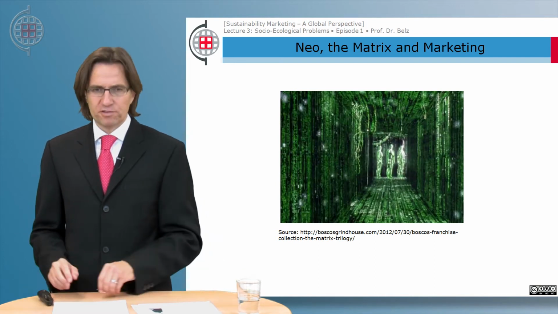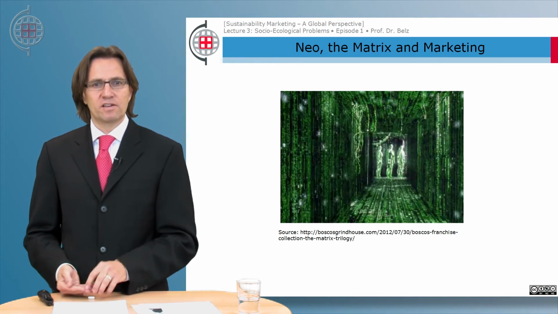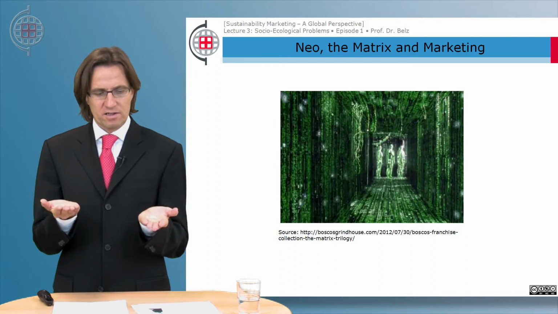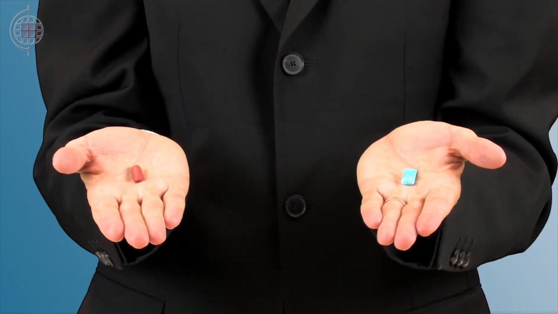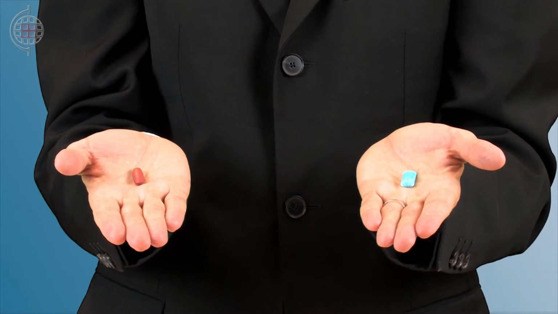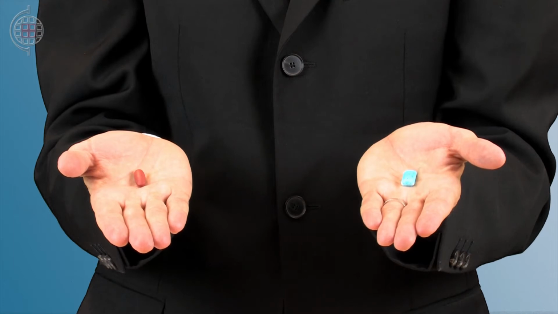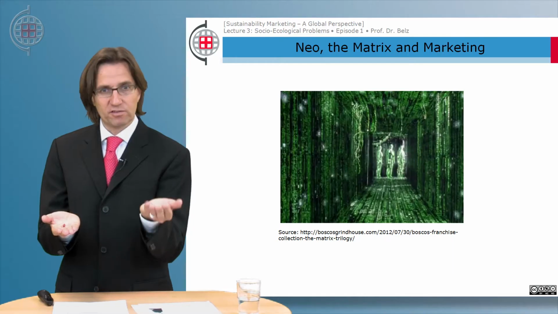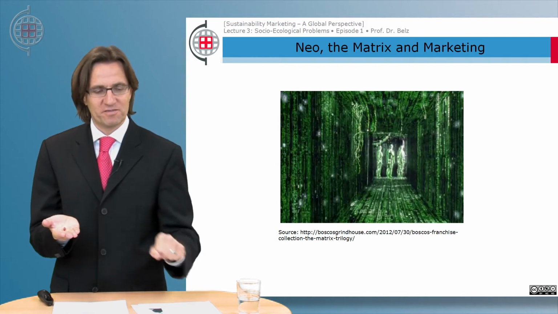A very nice episode in the movie The Matrix is about two pills. It's about the red pill and the blue pill. The question is, do you want to take the blue pill or the red pill? If you take the blue pill, the story ends and you can stop the video.